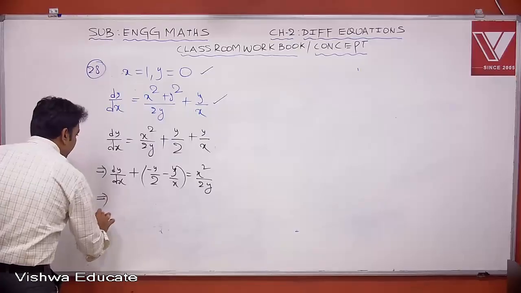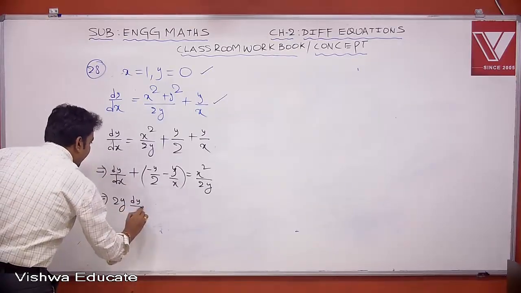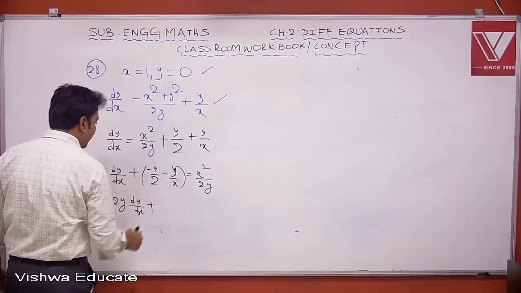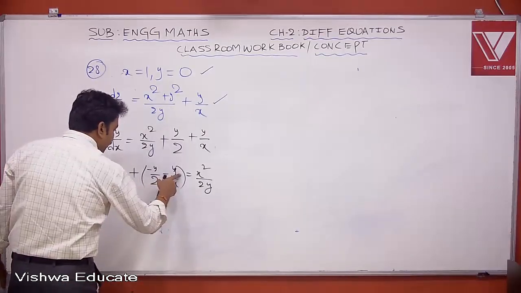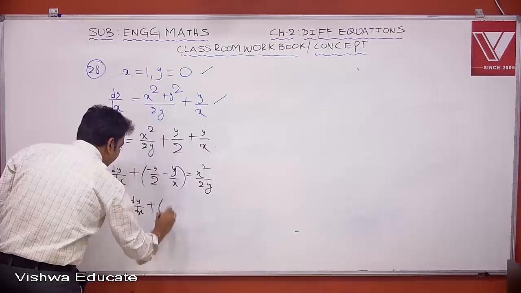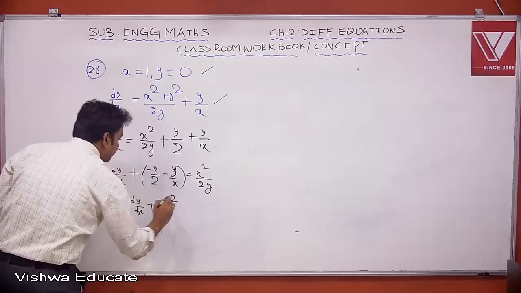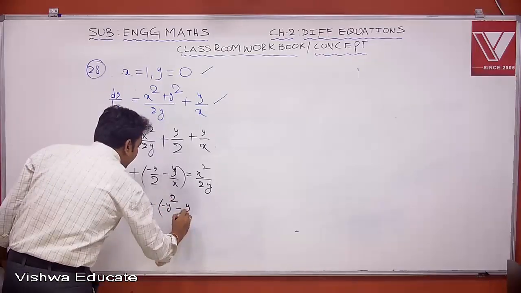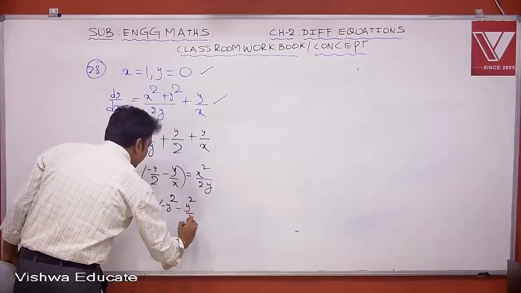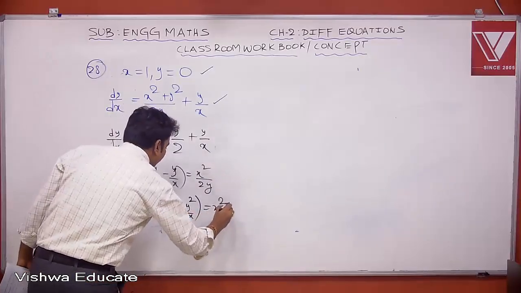So cross multiply, multiplying with 2y, we get 2y dy by dx minus y square minus y square by x equal to x square.